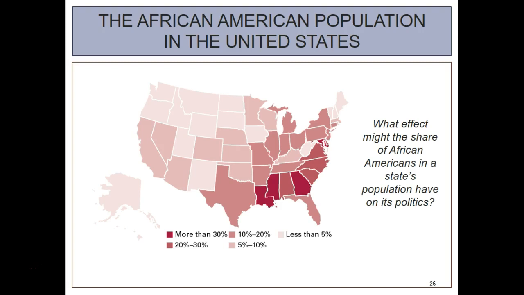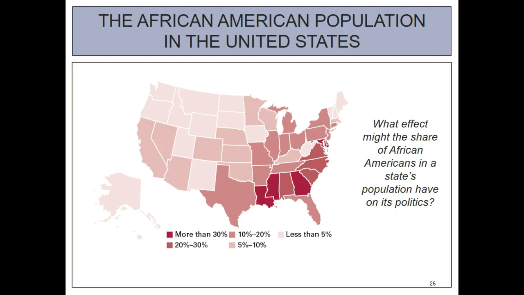And if you want to look at this graph, you can see basically the population split here, where the majority of African Americans live in the U.S., and mostly they are throughout the South and the East.